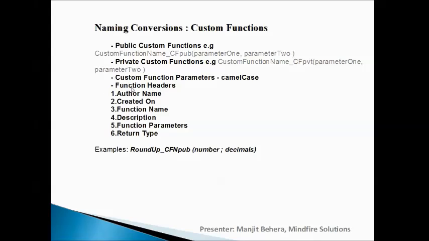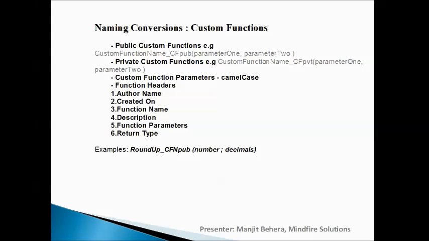Then the function headers. A function must have a header where we get six declarations. One is the name of the author who created this function. The second is the date on which the function was created.